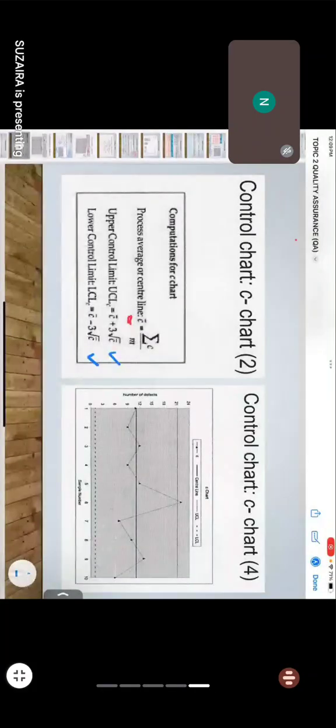Okay. Comparing with the P chart just now, because the P chart is more towards measuring defects in a lot. But the C chart is more towards measuring defects in a single product.